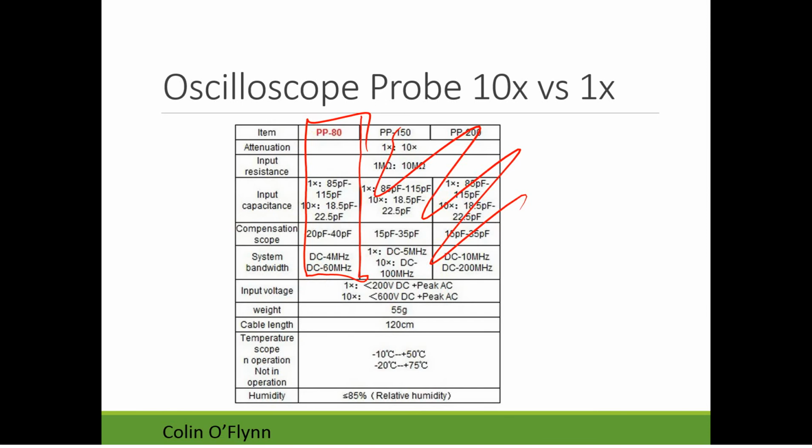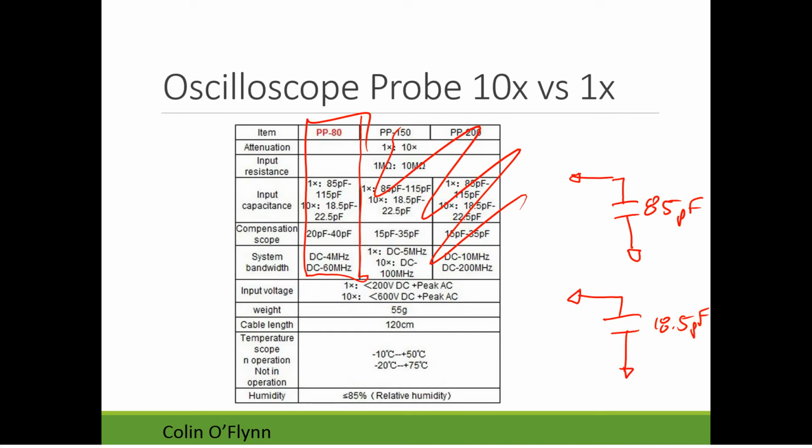What it's saying is that the scope in 1 times mode presents a certain capacitance. So if I'm measuring a circuit, the scope probe looks like a capacitor. In 1 times mode, it's 85 picofarads, and in 10 times mode, it is like 18.5, so it's much less.